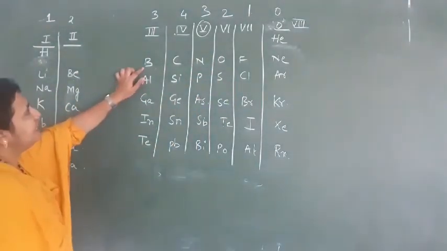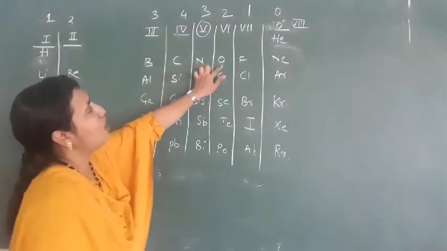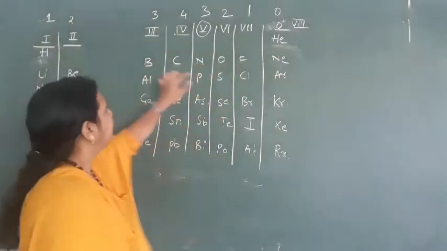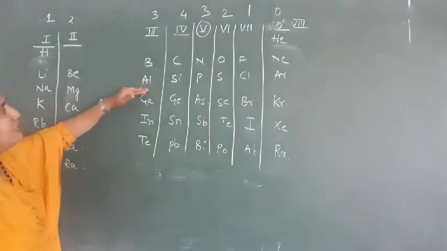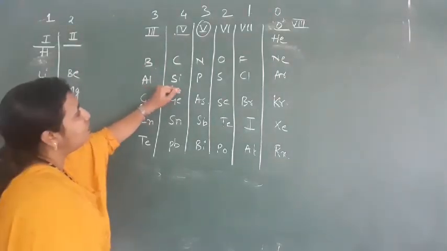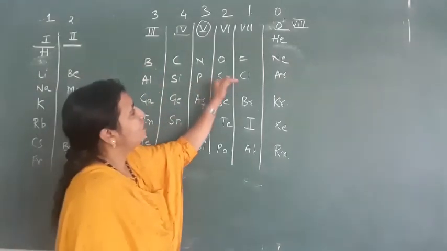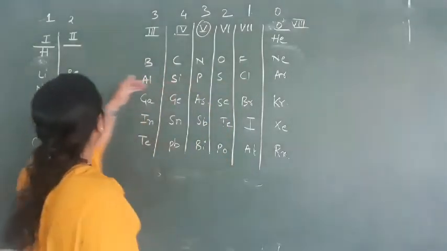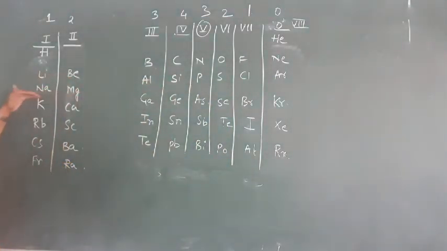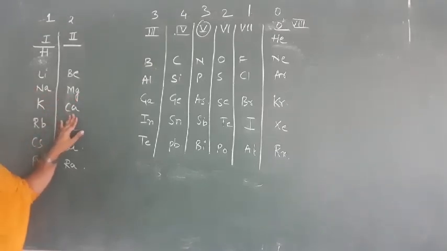Boron valency 3, carbon 4, nitrogen 3, oxygen 2, fluorine 1. Below that: aluminium 3, silicon 4, phosphorus 3, sulfur 2, chlorine 1. Sodium valency 1, magnesium 2, potassium 1, calcium 2.